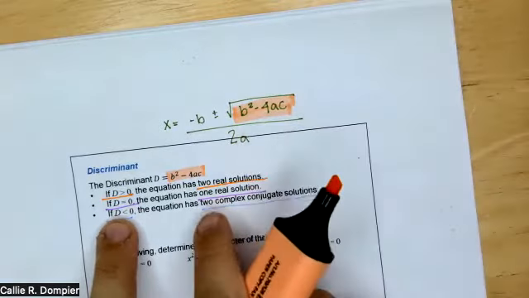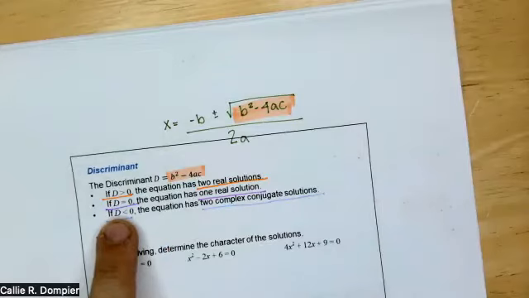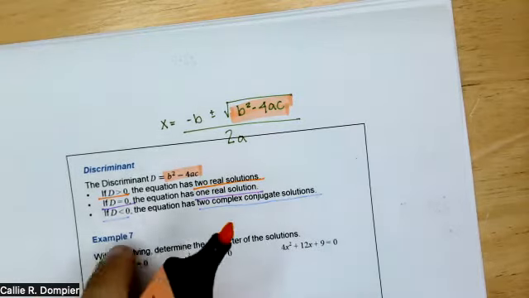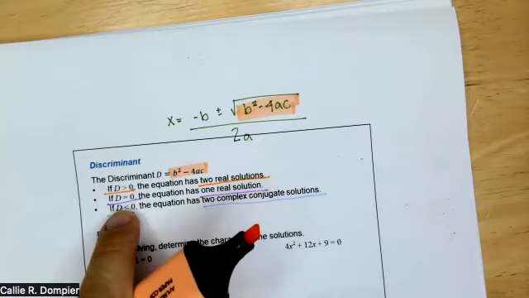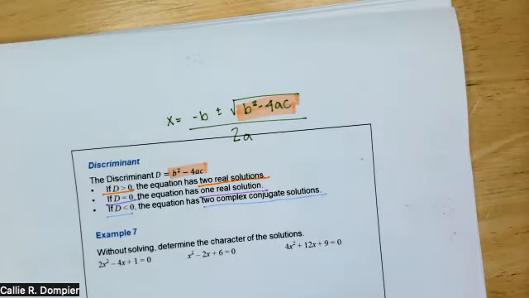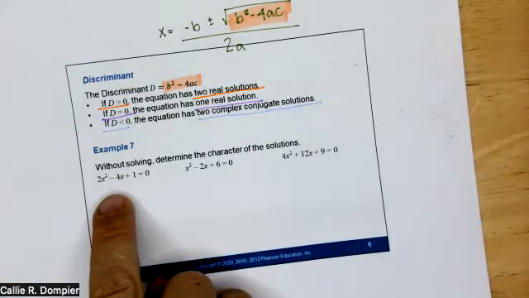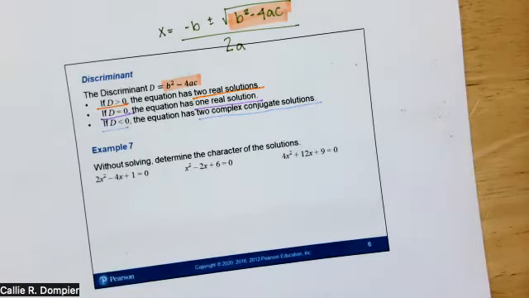If it's 0, there's just going to be one solution because if you add 0, you get the exact same number as if you subtract 0 from that same b, right? And if you have a negative under here, if your discriminant is less than 0, then you have two solutions, but they're in the complex number universe, okay? So they're not asking you to solve these. They're just saying, how many solutions do we have, okay? Using only the discriminant.